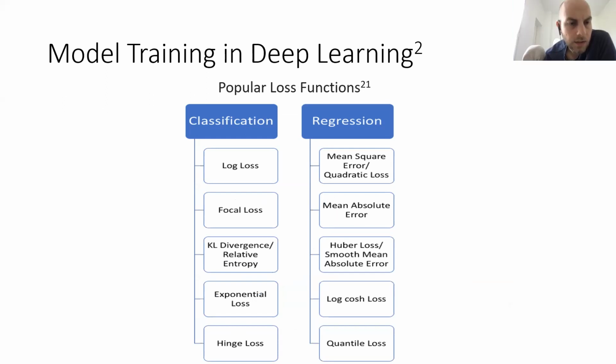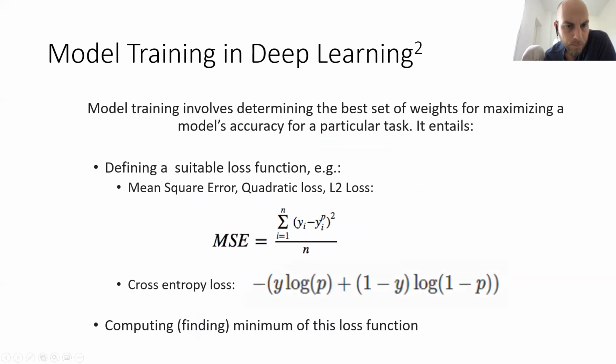Sorry, in the cross entropy functional form that you showed before, the P is the same as the Y_P above? No, the Y_P here is the predicted value, the value that the model predicts, and the P in the cross entropy loss is the probability that you produce. But that's still the outcome of the fitted model, right?